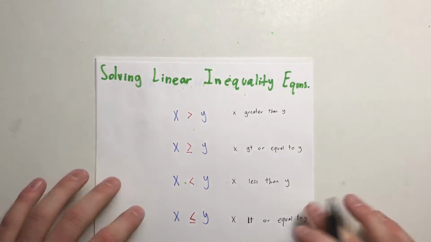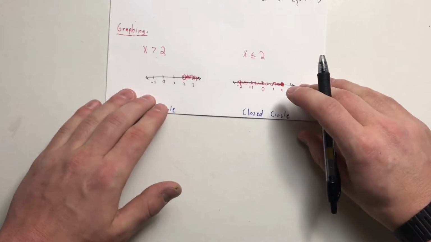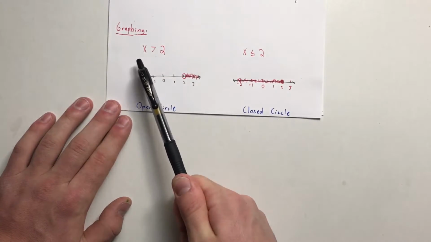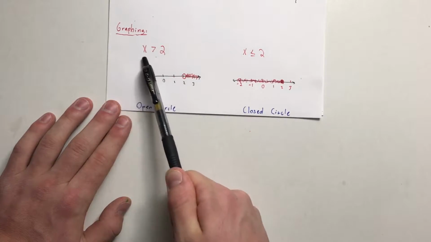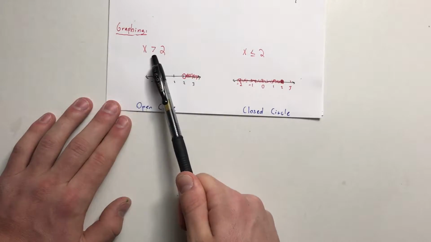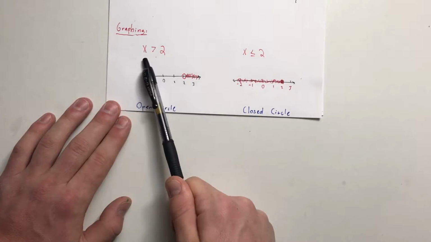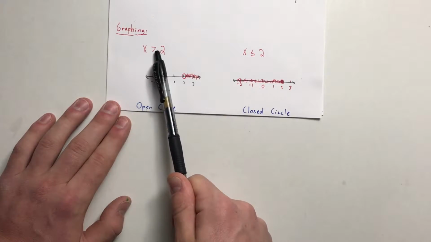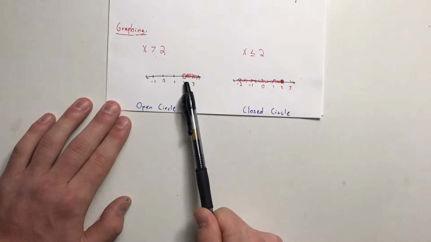And then one more thing, just super quick, about graphing. Say we're trying to graph this inequality, x is greater than 2. If we don't have a line, if we don't have x is greater than or equal to 2, we always use an open circle. So there's no line underneath our inequality, we want to graph with an open circle.